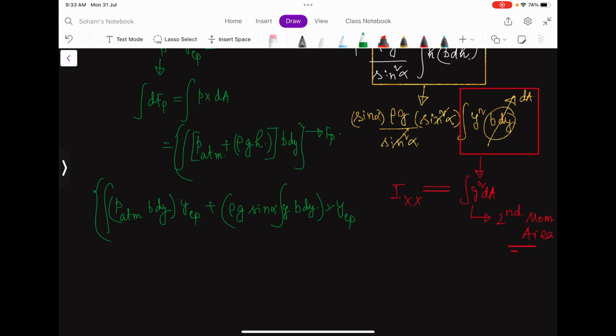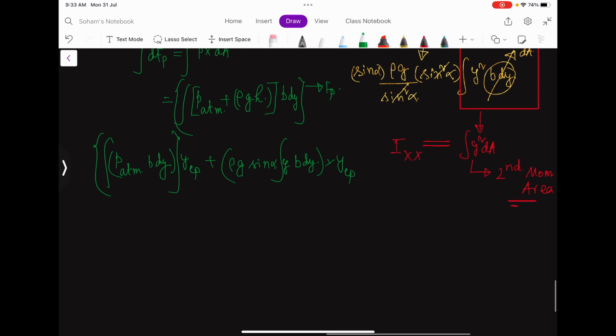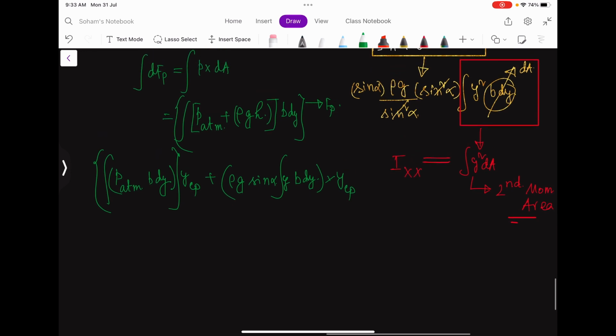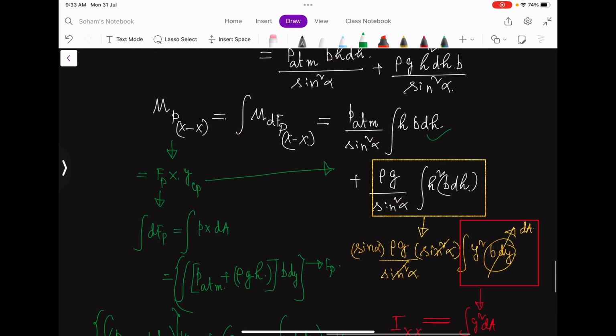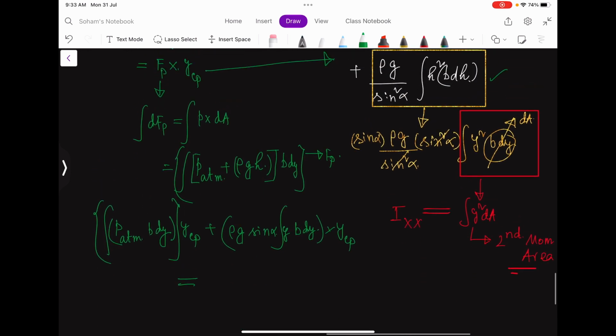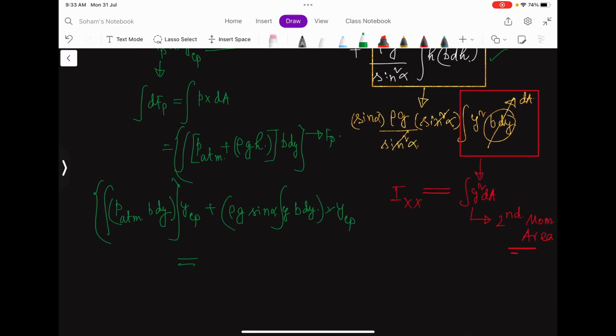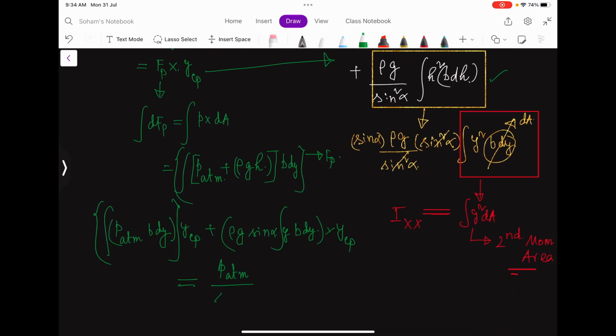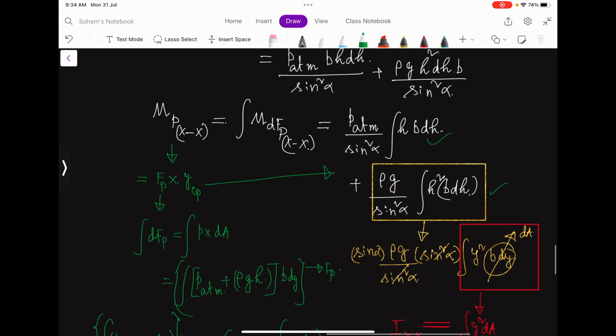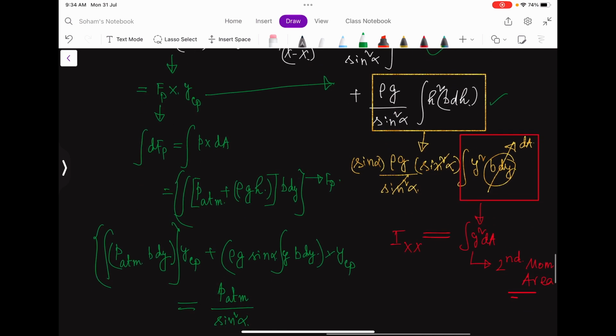This is equal to this plus this: patm plus sine square alpha.